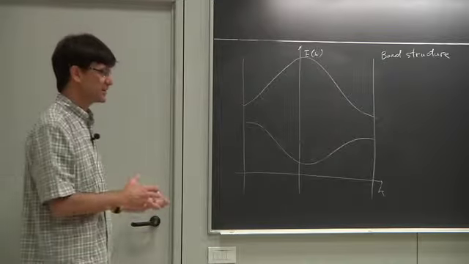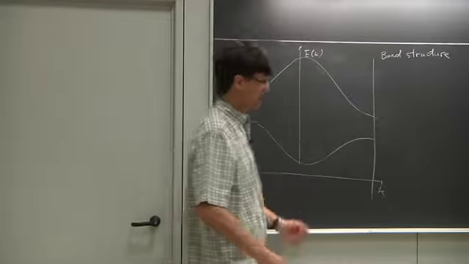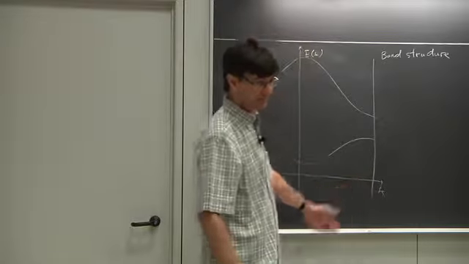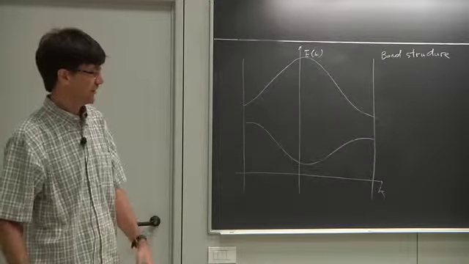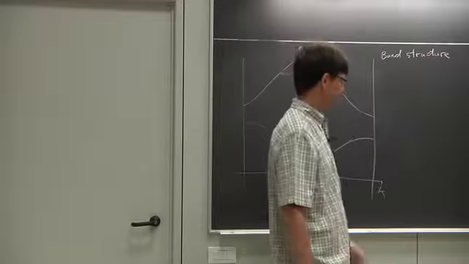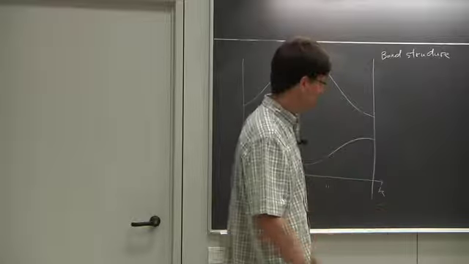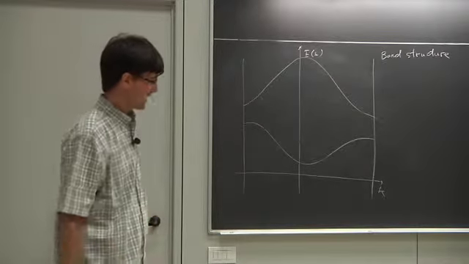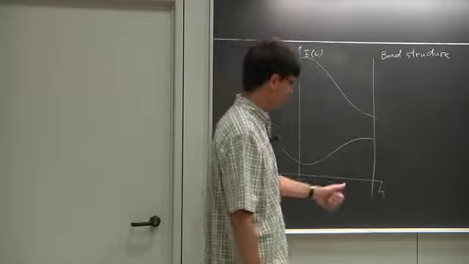And of course, different systems will have different band structures. Different band structures not only because the Brillouin zone will be different. If you're working with an FCC crystal, the Brillouin zone will have a BCC shape. If you're working with a simple cubic, the Brillouin zone will be a simple cubic unit cell. So there will be differences connected to the shape of the Brillouin zone first.